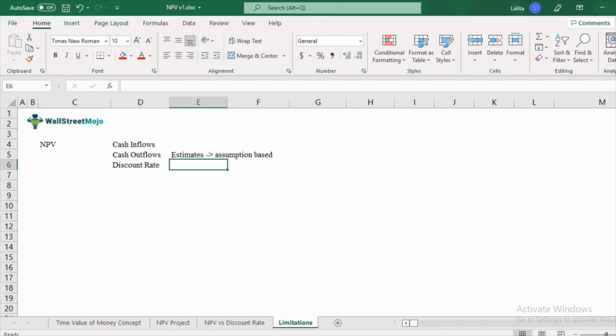Likewise, the discount rates are also assumption based, and that's why it becomes a limitation in applying this net present value formula. Because when you think of 2 analysts, the 2 analysts can have different sets of assumptions and can lead to totally opposite results. One may accept the project on the basis of NPV, and one may reject the project on the basis of NPV. That can happen, and that's the limitation of NPV.